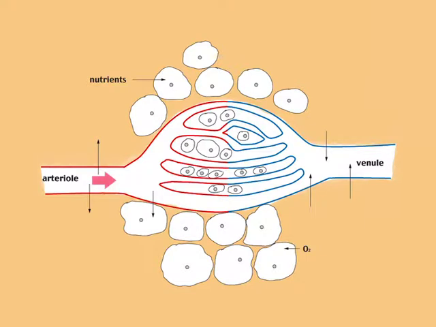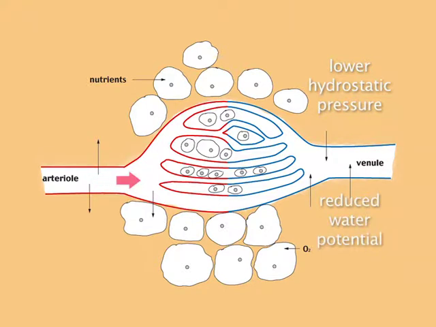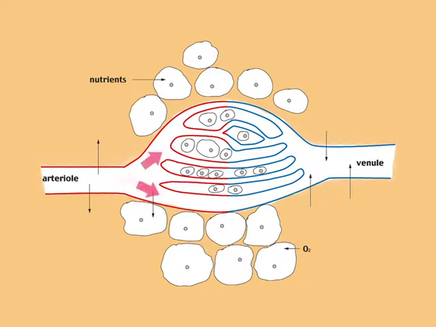At the venous end of the capillary bed, there is a lower hydrostatic pressure and a reduced water potential, as water passes out of the capillary at the arterial end and the soluble plasma proteins remain behind. So here, much of the tissue fluid will pass back into the capillaries, water by osmosis, down the water potential gradient, and substances such as carbon dioxide by diffusion.